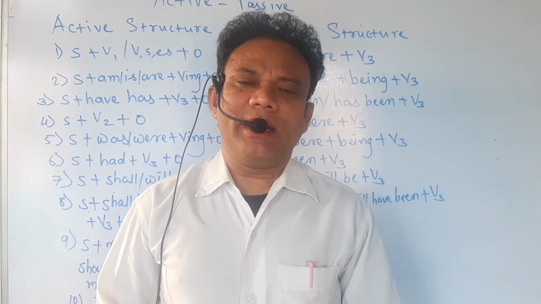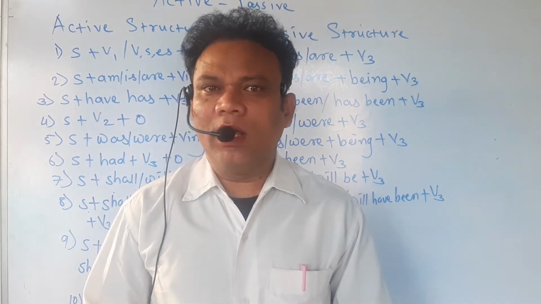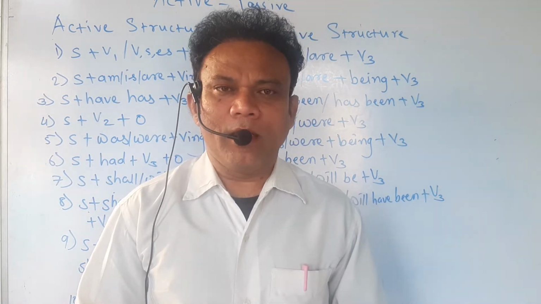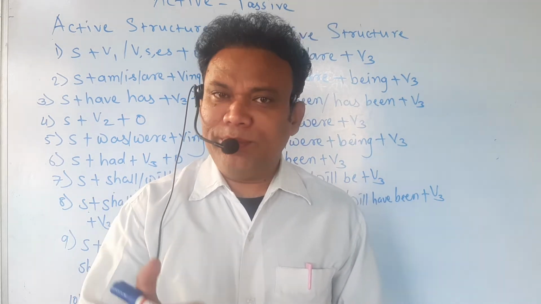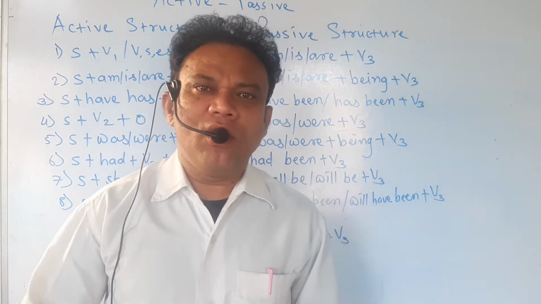Now remember that in some sentences, two objects are there. For example, he offered me a bouquet. So here he is the subject, offered is the verb, me is an object, and a bouquet is also an object.